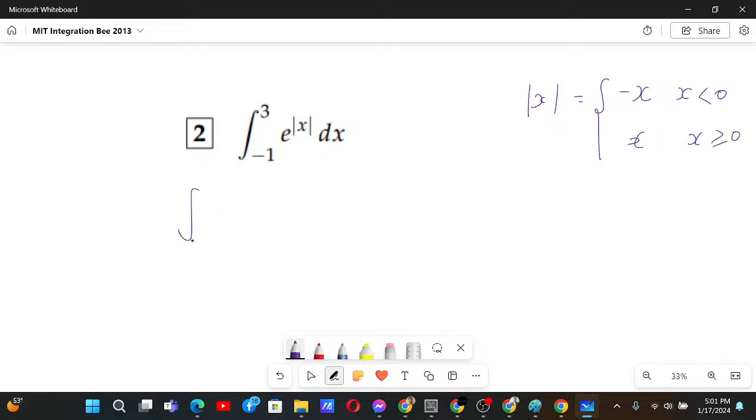So this becomes the integral from minus 1 to 0 of e to the power minus x, for this range it will be minus x, and from 0 to 3 it will be plus x, dx.